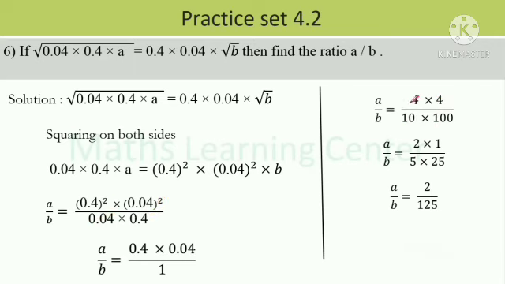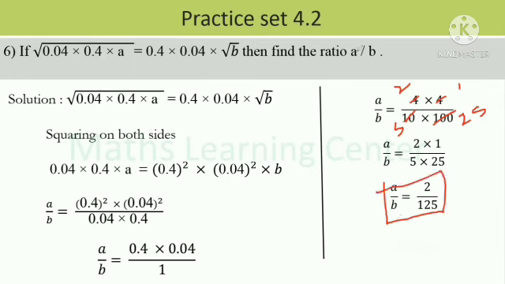Now both are divisible by 2, so 2 2s are 4 and 2 5s are 10, so 2 upon 5, and here 4 1s are 4, 25s are 100. So 2 upon 5 and 1 upon 25. So 2 ones are 2 and 25 5s are 125. This is your final answer.